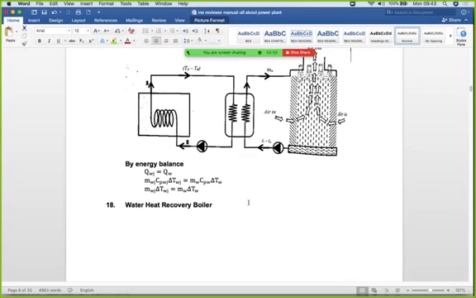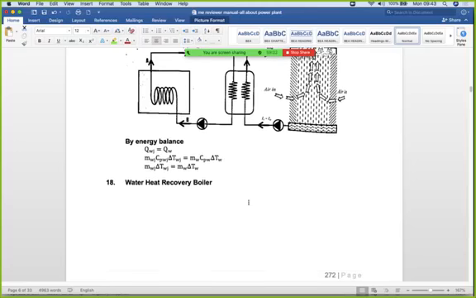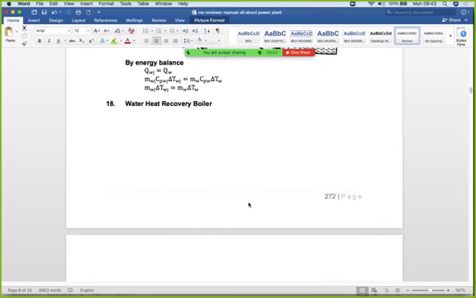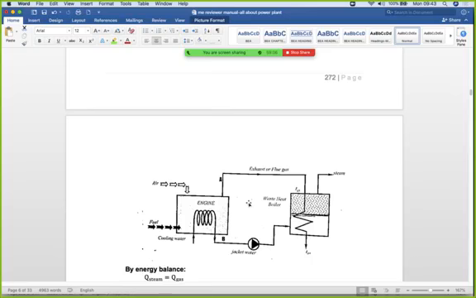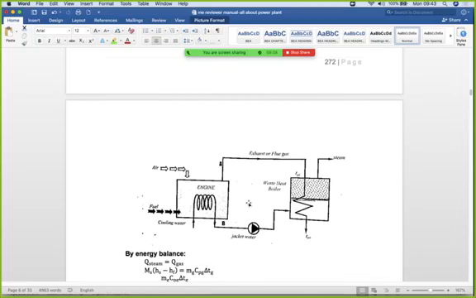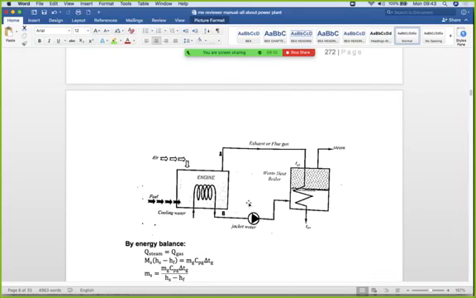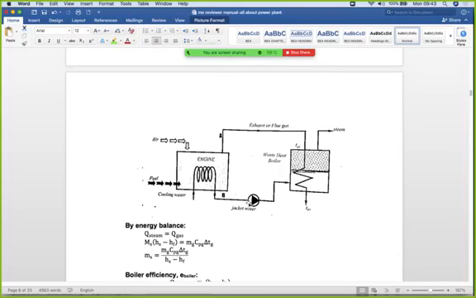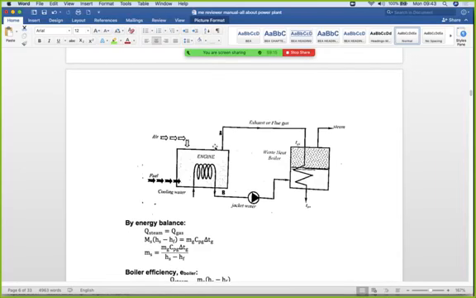So this is the water heat recovery boiler. We have the engine. So we have the exhaust flue gas. So this is the waste heat boiler.